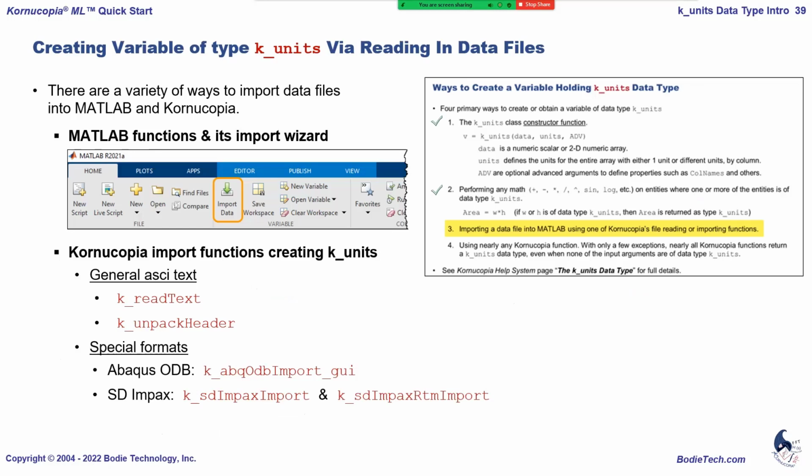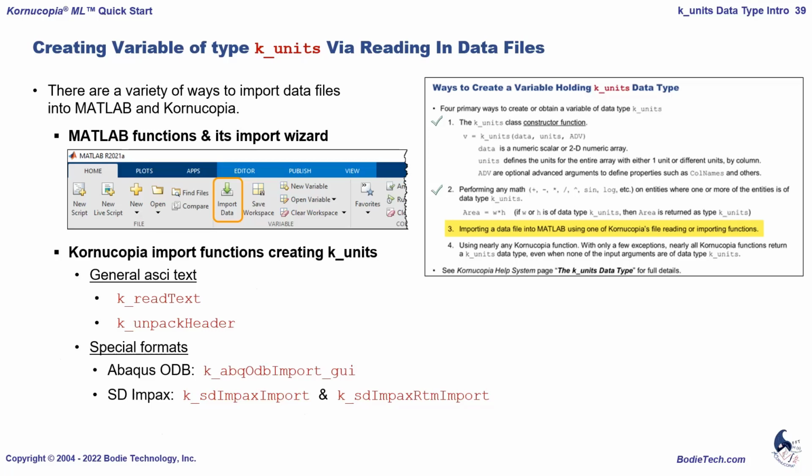So that was some fundamental stuff. And now we'll get to a little bit more exciting stuff, where we'll start to read in some data files. The first flavor of data files we'll read in will be the infamous spreadsheet, and we'll use a MATLAB wizard to import a spreadsheet and then turn it into a K-units data type.